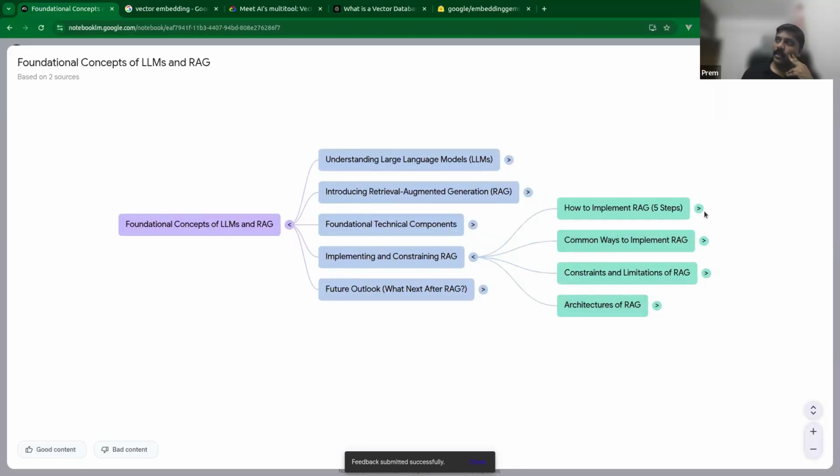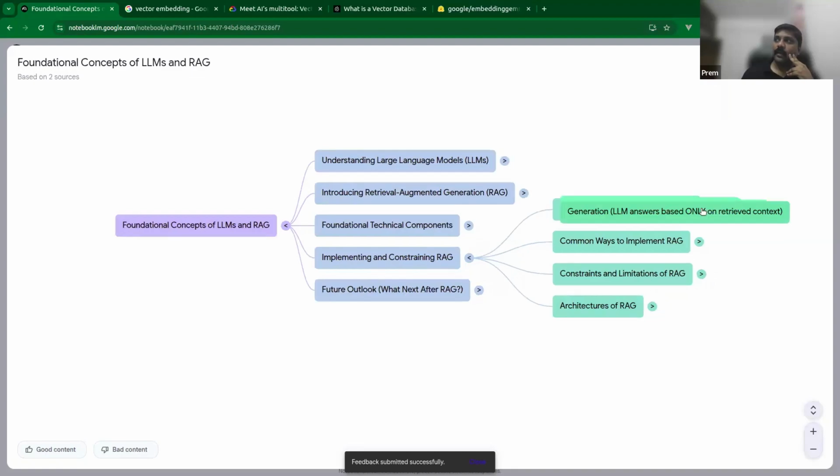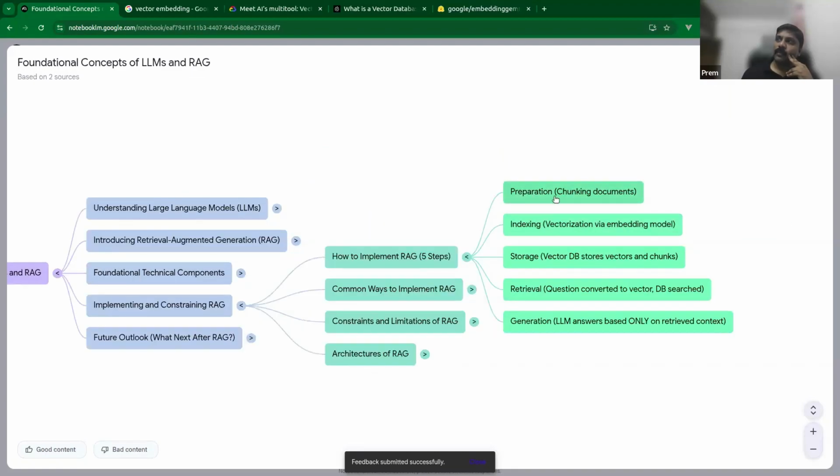Okay, now let's see how to implement a RAG. We have already spoken about implementation, but these are the steps. Preparation: chunking your documents, which is like splitting your document. It depends on your use case. As I said, if it is a form, split by pages. If it is code, split by functions.